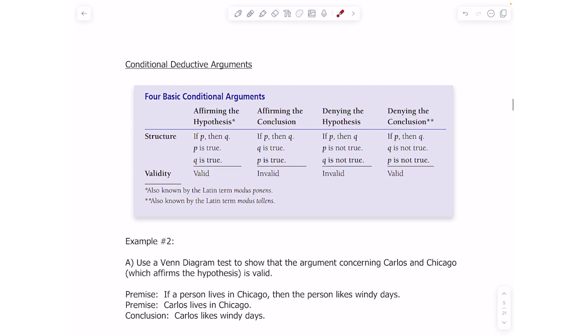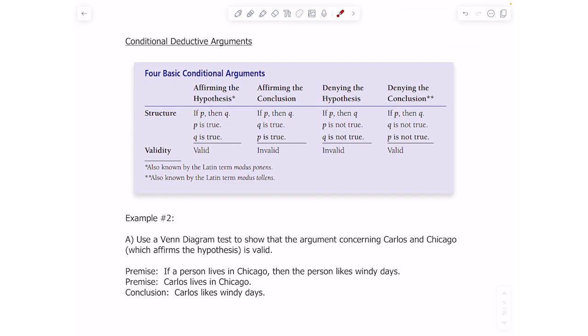Okay. Let's take a look at some conditional deductive arguments. So here you have four basic conditional arguments. You've got what's called affirming the hypothesis, and this is the basic structure that it takes on, okay? If P, then Q. If P is true, Q is true.